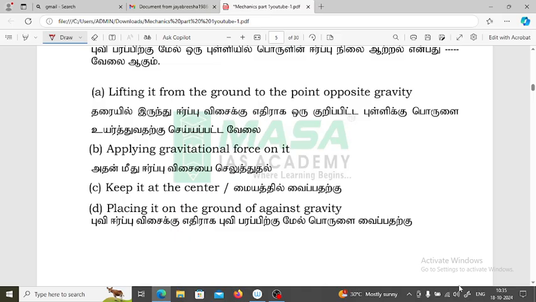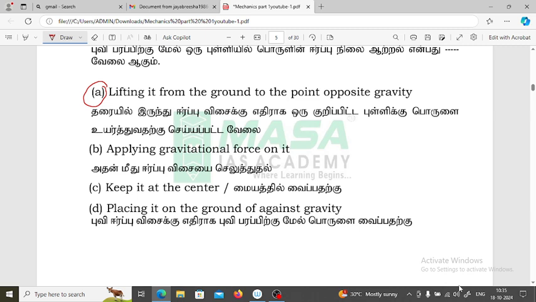So what is potential energy? Work done to lift it from ground to a point opposite to gravity. So this is the correct answer.